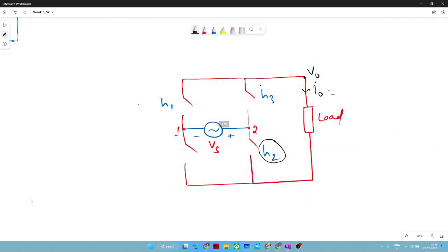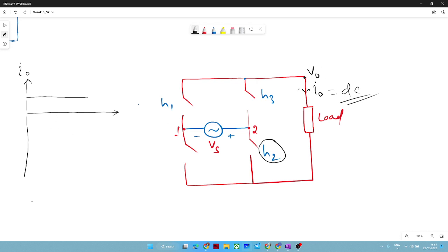If you have output current almost DC, it means your I naught would be flat. I'm assuming this is the ideal case. Of course, you know that there will be ripple in the output current, but for GATE scope, they are basically limited to the constant DC component. So most of the time you will face only the constant DC component of I naught.